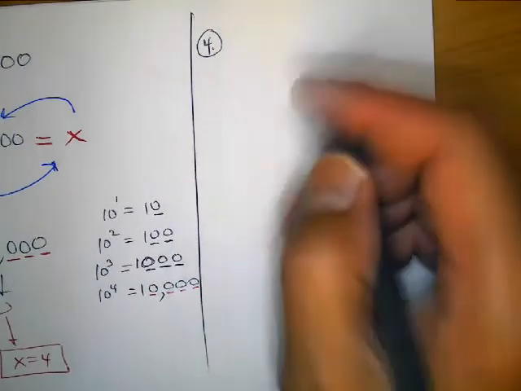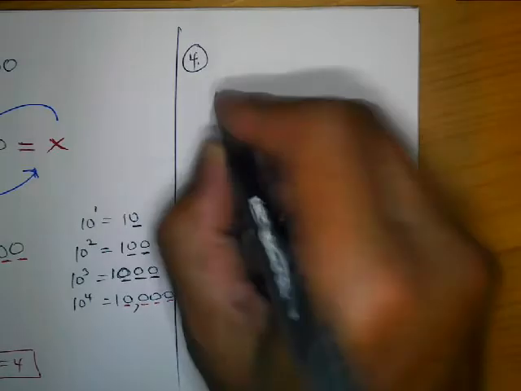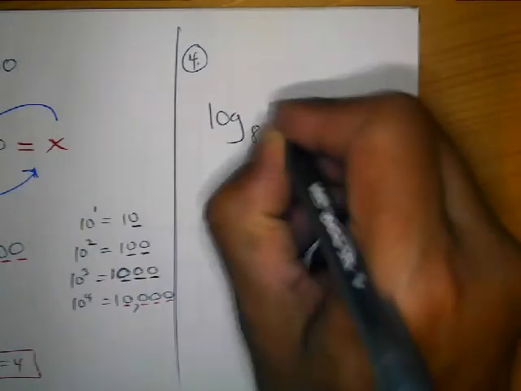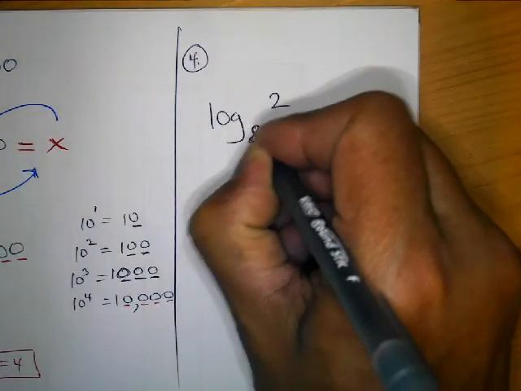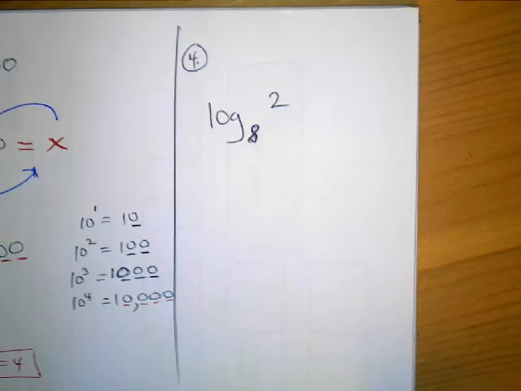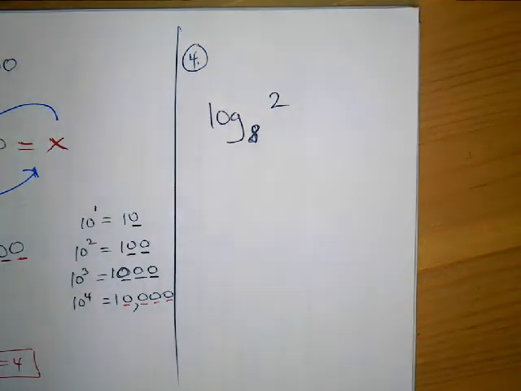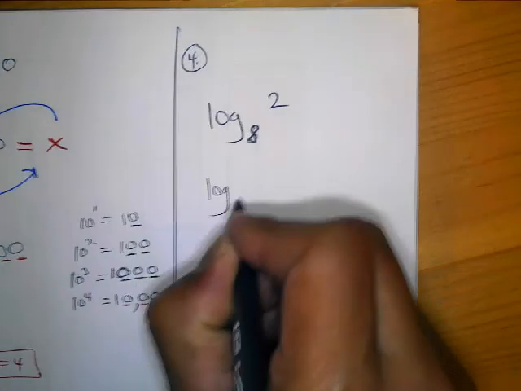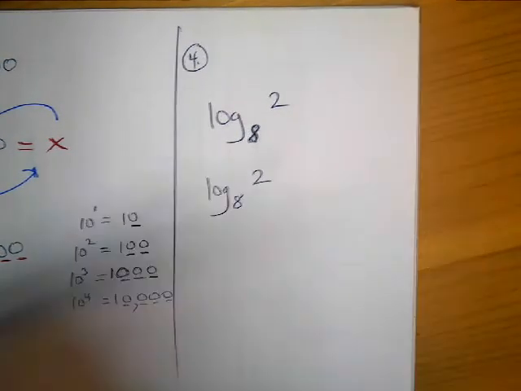Number 4. Here's the ones that kind of look weird. Don't think it's one of the other ones. What if I give you log base 8 of 2? See, don't assume. I know some of you are like, oh yeah, 2 to the power of 3 is 8. Well, it is, but that's not the answer here.